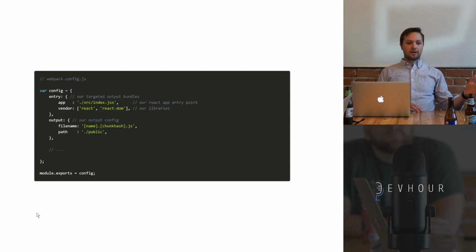If we were just trying to package up a bunch of JavaScript files, and we changed our entry point, source/index.jsx, to just a standard JavaScript file, this Webpack config file would work just as is. So the nice thing about it, you can see here, it's not overly complex. And we know that a lot of build processes, especially for the front end, can grow a little bit out of control.